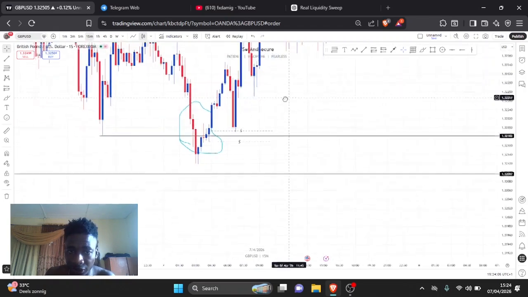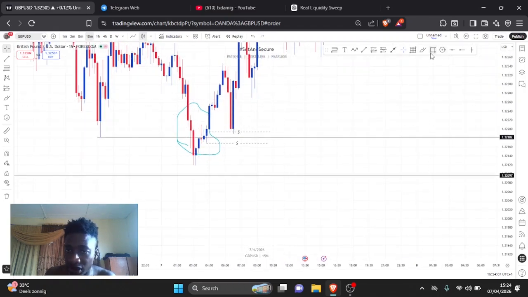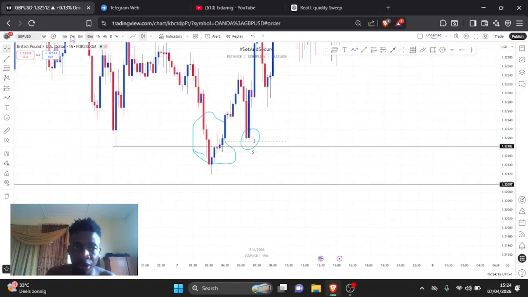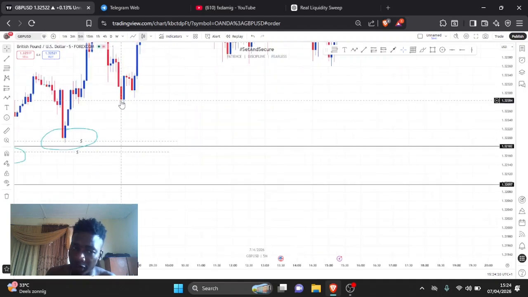We wait for one of them to get swept, and once it gets swept, we are going to be looking for an impulsive movement that creates a breaker structure, and that will be found on the 5 minutes.